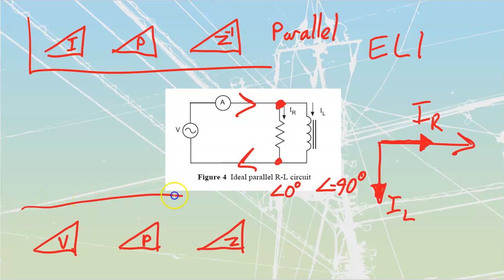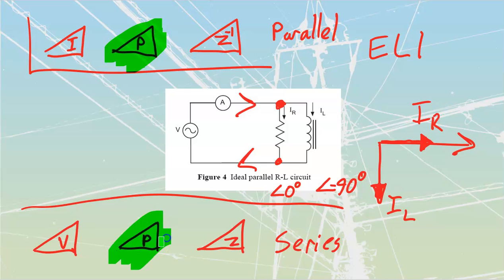However, when I take a look at what's available inside of my series and inside of my parallel calculations, you should note that there's only one triangle that's the same that can be used in both, and that's going to be that power triangle. This one here is entirely different. Impedance inside of a parallel circuit is entirely different to impedance inside of a series circuit because it's an inside-out triangle, or what we would refer to as a fractional type of triangle.